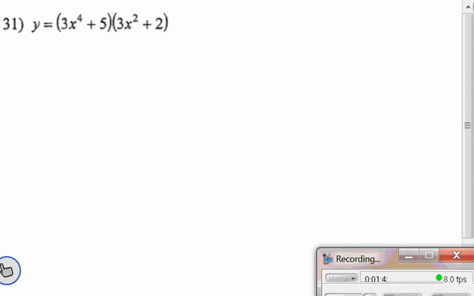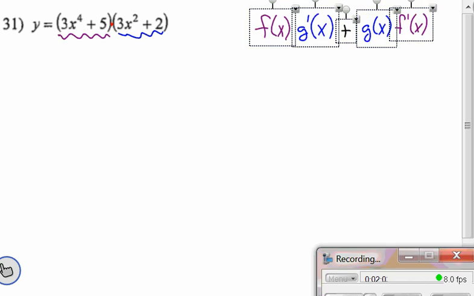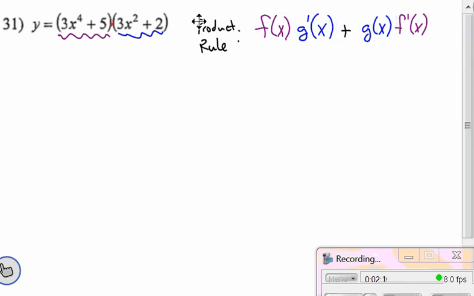Okay, so this problem, once again, asks us to differentiate, but there's two functions here with a product in between them. So we need the product rule again, okay? Product rule. Okay, so let's see here. The first function, take the derivative.